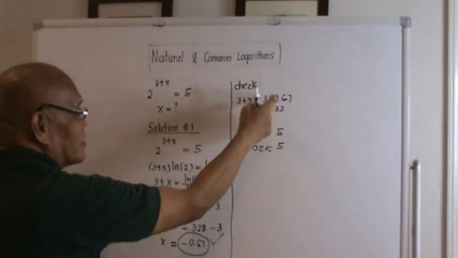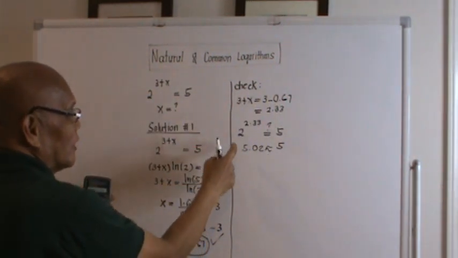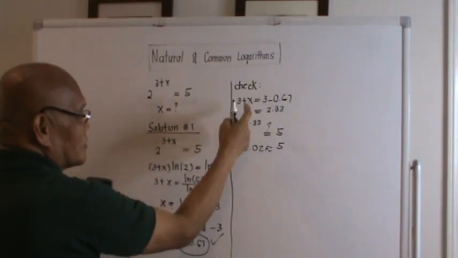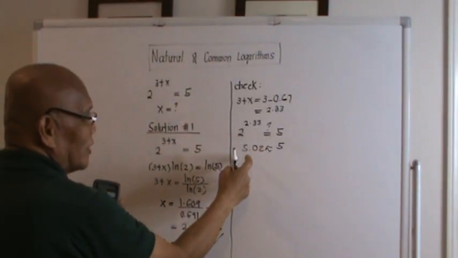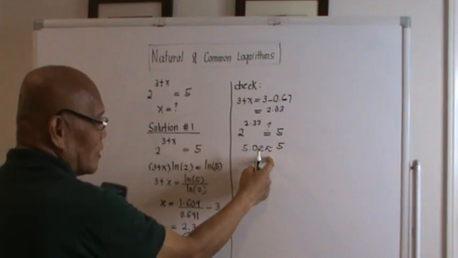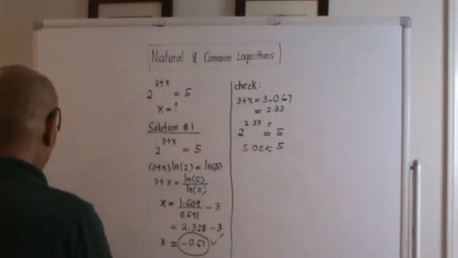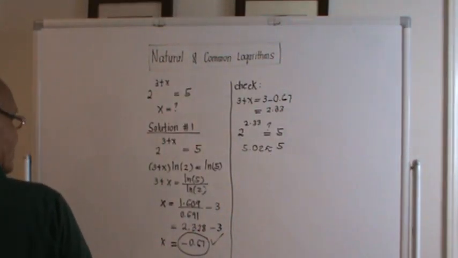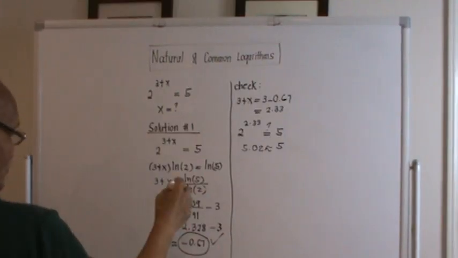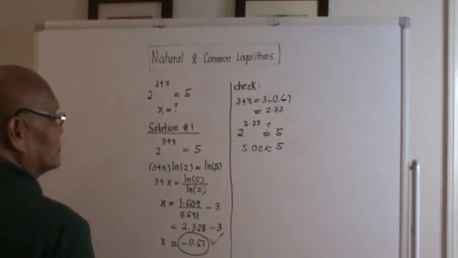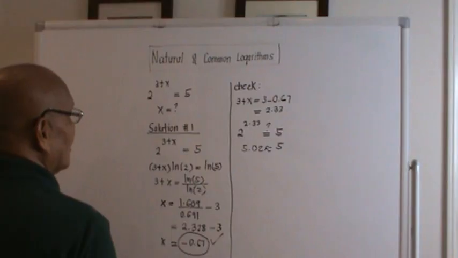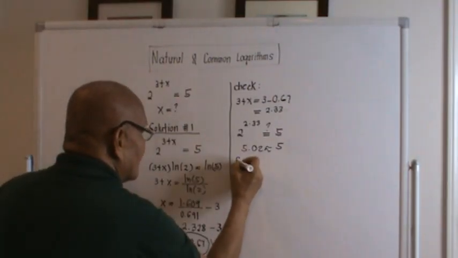Because according to our checking, if we raise 2 to the value 3 plus x, 2.33, what comes out is 5.02, almost equivalent to 5. That's the first solution, by using the natural logarithm. Solution number 2.